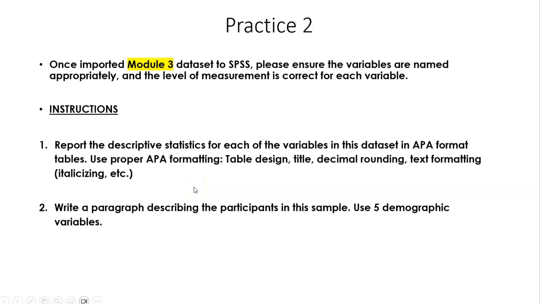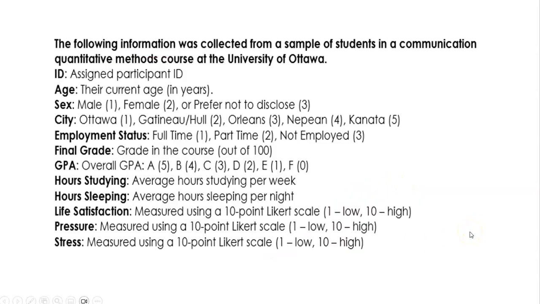So when you have the one data set, you can import it in your SPSS, and then you can format according to the APA formatting, table design, title, and the decimal rounding, etc. This is about the indication how you can make the APA table.